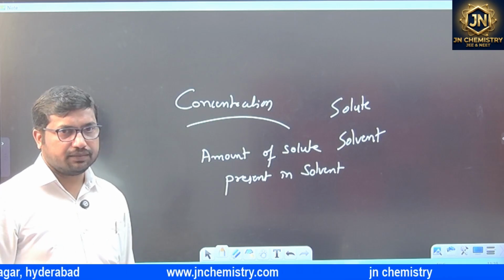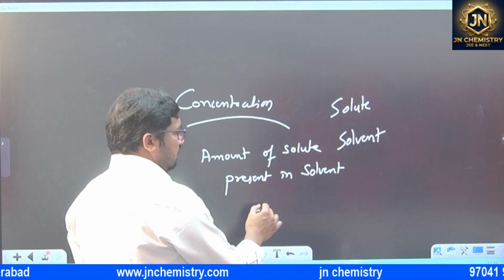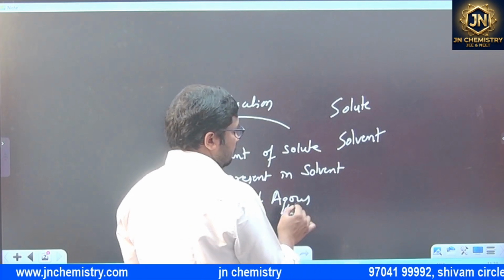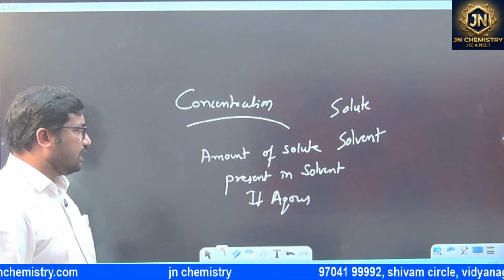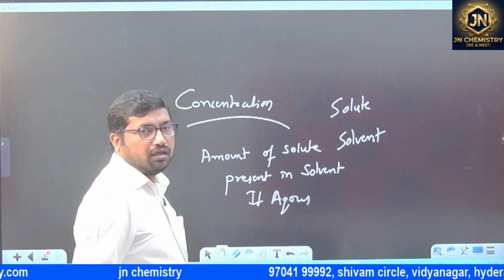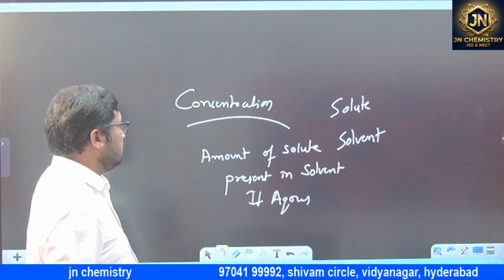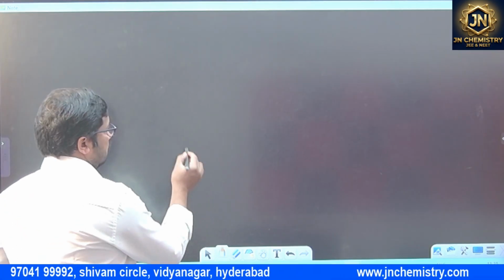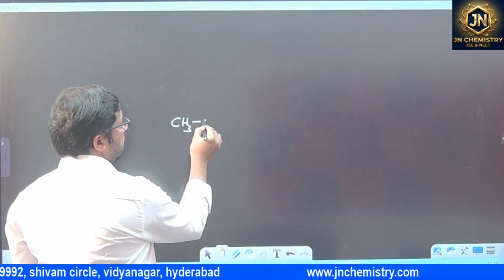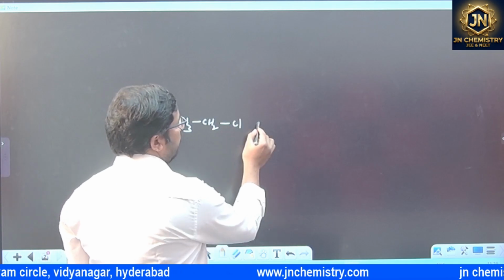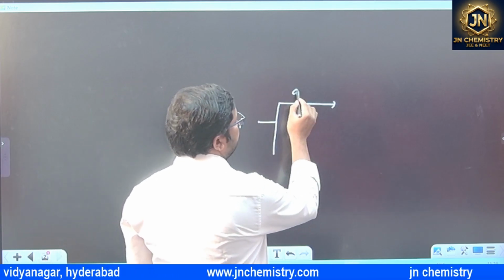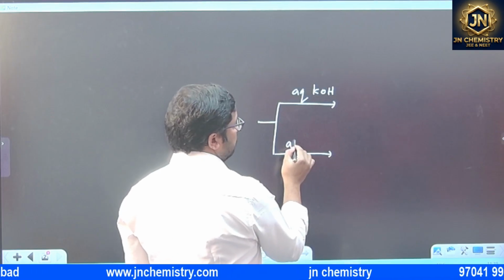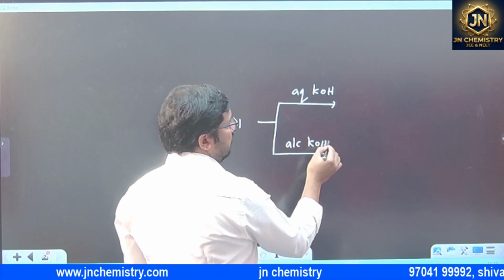Write it down. If the solvent is water, aqueous solution. If the solvent is alcohol, alcoholic solution. Aqueous solutions and alcoholic solutions. For example, relating to organic chemistry, CH3CH2Cl: if I'm taking aqueous KOH, the solvent is water; alcoholic KOH, right?